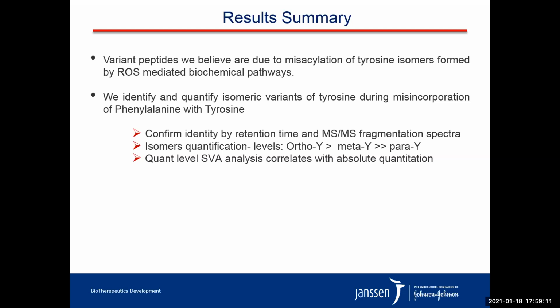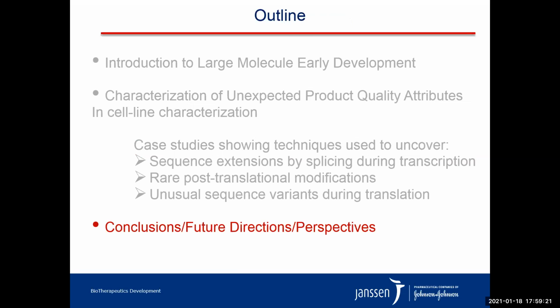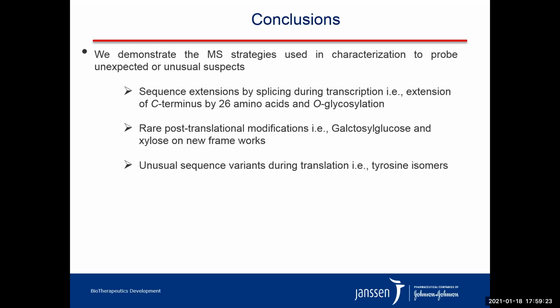We have accurately quantified isomeric variants using standards, and these estimates are in good agreement with relative variant levels estimated by relative quantitation. In conclusion, I hope you have witnessed the complexity in characterization when unexpected or unusual variants are present in biologics. We have used a variety of MS techniques to understand these anomalies.